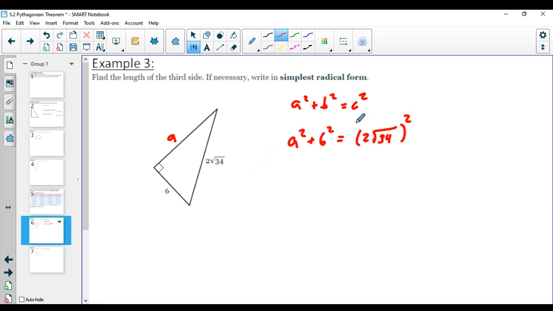Okay, well, let's just subtract that 6 squared over to start and see what happens.